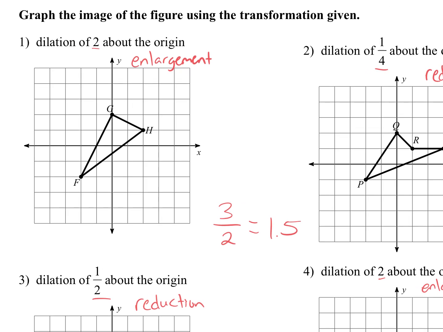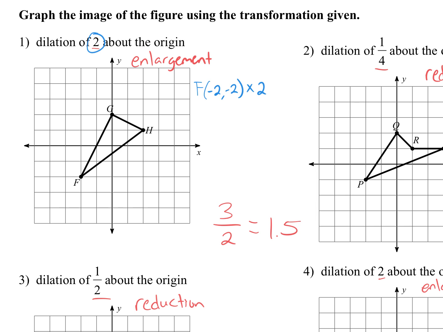Flip back to 1. We already know it's an enlargement, so that means what? It's going to get bigger, okay? So we can use that as a checkpoint. So I'm going to take each coordinate one by one. So starting with F, what are the coordinates of F on number 1? -2, -2. What am I going to multiply that by? 2. Where'd you get the 2 from?